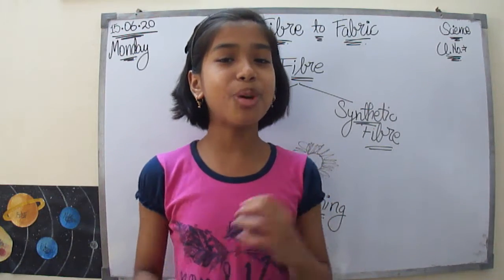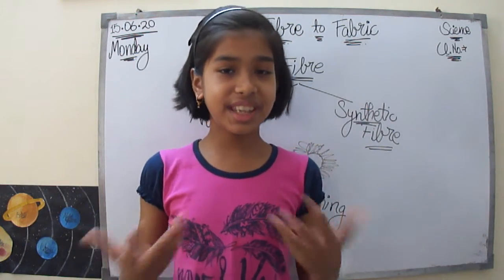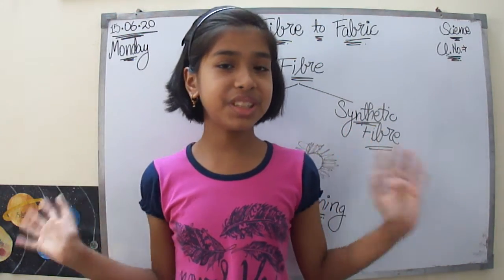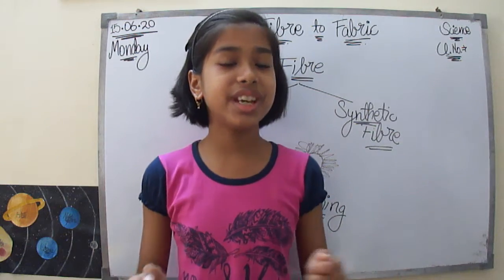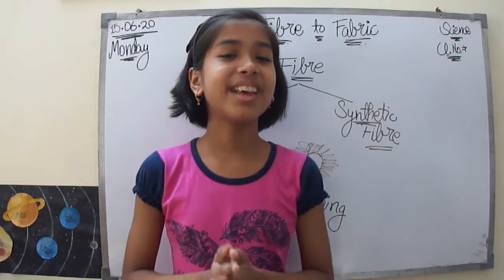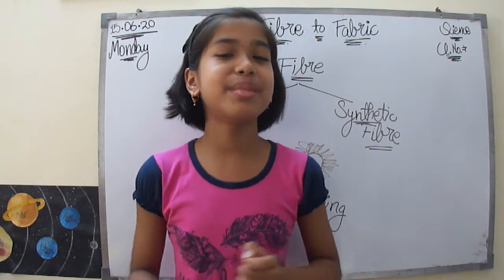Now let's have some more things. We have learned what ginning is, and we have learned the difference between these two and how to differentiate between them. Now let's see some more things about them.